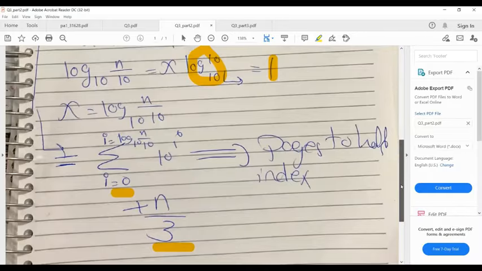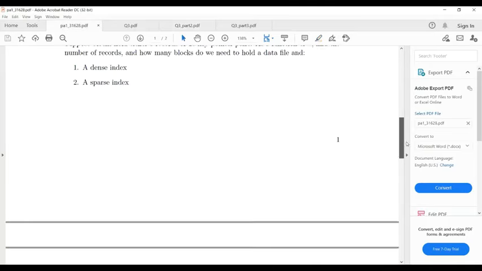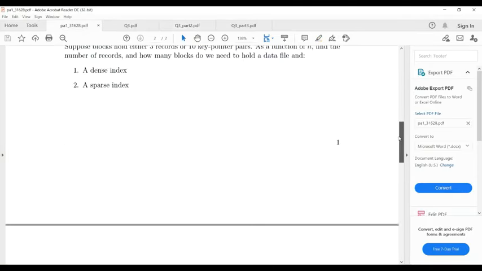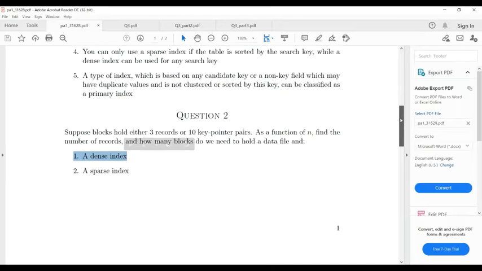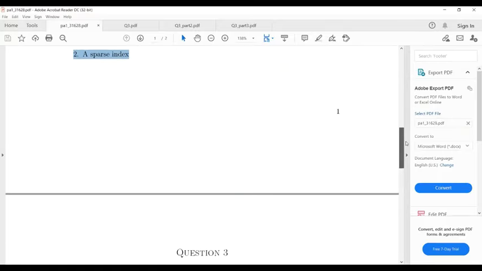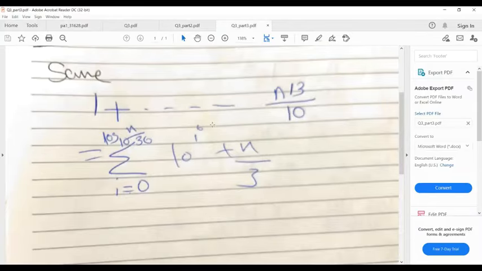Perfect. Now we repeated the third exercise above, the first part, the dense index. Now we need to repeat exercise 2 according to the second part, the sparse index, by constructing multi-level indices. It will be exactly the same.